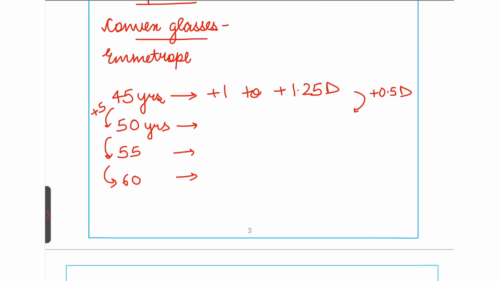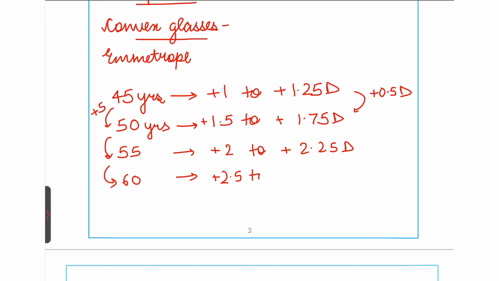So 1 plus 0.5 is 1.5 and 1.25 plus 0.5 is 1.75. Similarly, plus 2 to plus 2.25 diopters and plus 2.5 to plus 3 diopters. This is a rough guide and we have to estimate the exact presbyopic addition for both of the eyes individually.